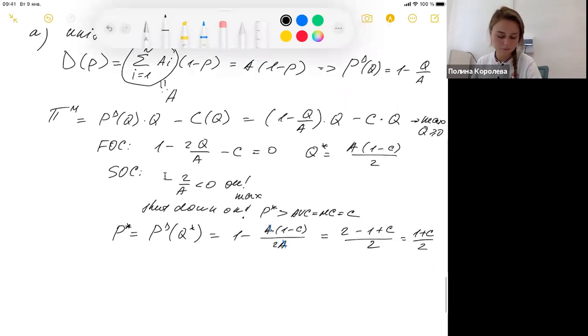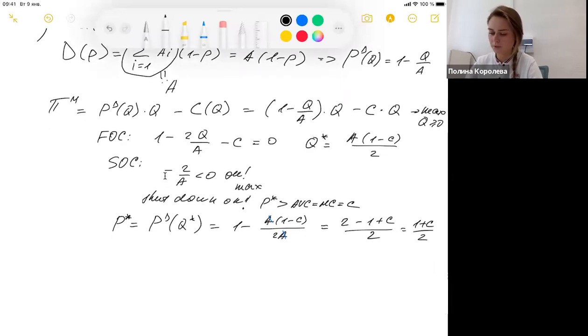So this is the monopoly price. So our answers: this is how much the monopoly will sell, and this is the price that the monopolist will charge. Then in point B, we need to talk about third degree price discrimination. Okay.